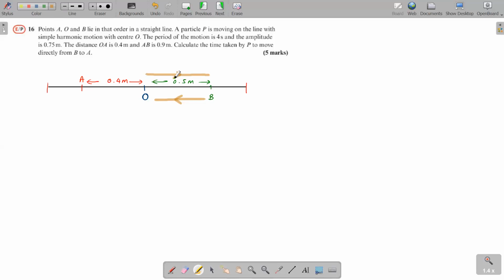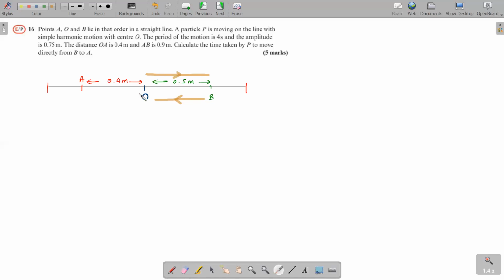So if I ask you the time taken to move from O to B, are you able to give me the answer? How do we find it? The time taken to go from O to B, you can find by using x equals A sin omega t. That would be the same as the time taken to come from B to O. Do you agree?